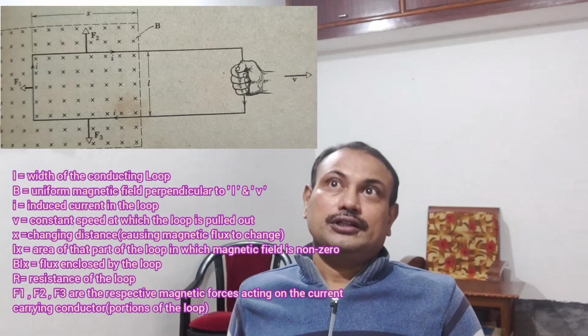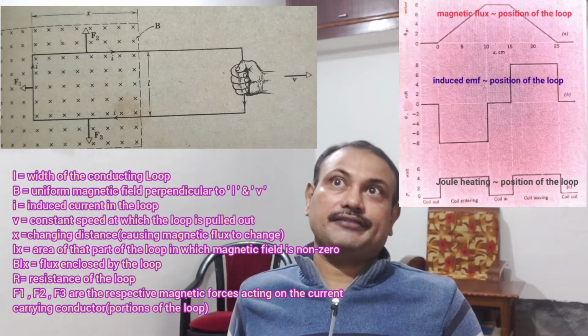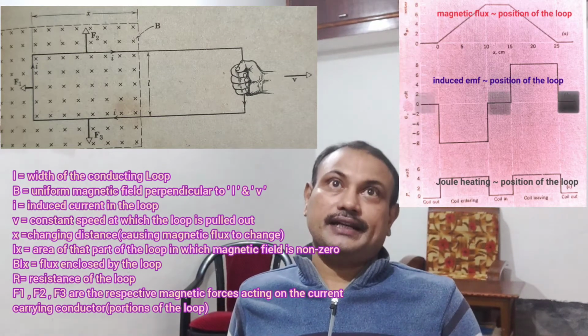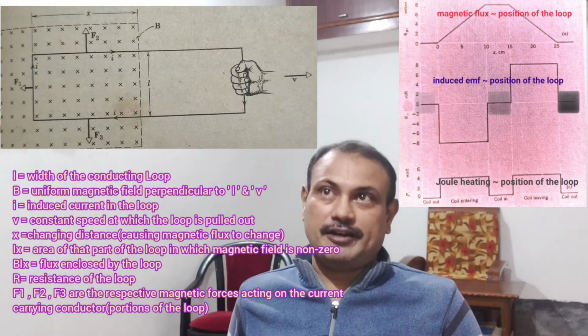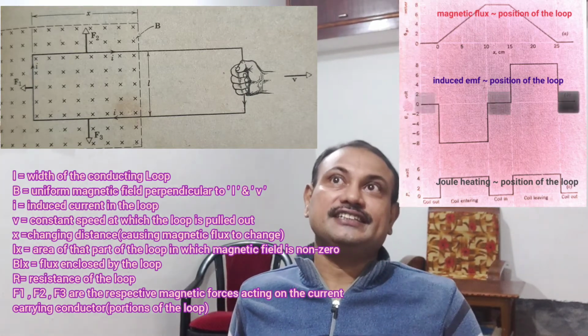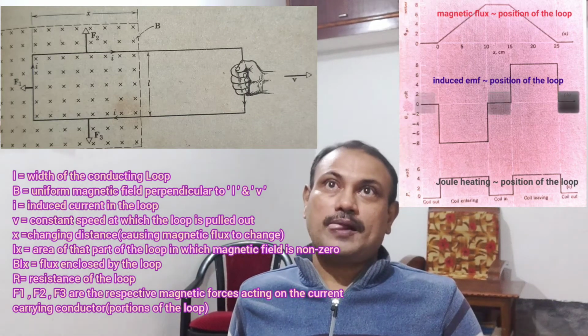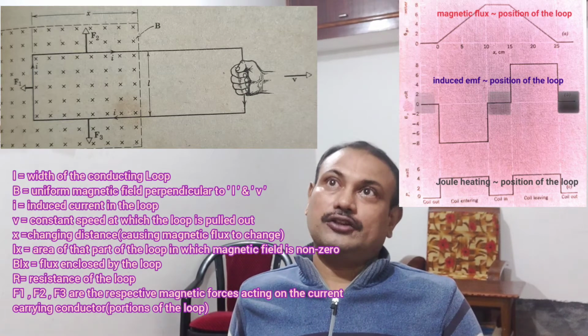If the entire conducting loop is kept inside the external magnetic field or completely out of the magnetic field, then also you will not get any induced EMF, because there will not be any change in the flux enclosed by the loop. And here I is the induced current in the loop.